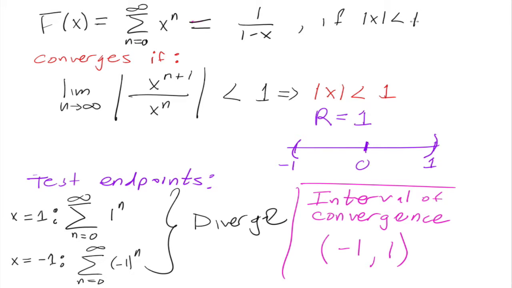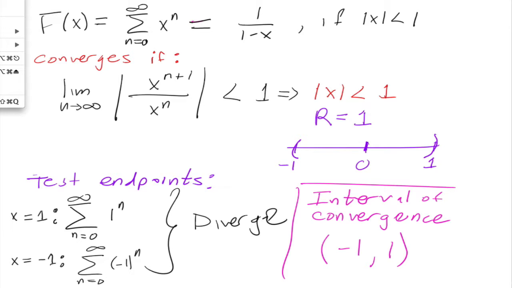Where does that come from? Yeah, this is the geometric series that we derived earlier. So this infinite series is actually nothing more than 1 over 1 minus x, as long as x is between negative 1 and 1. If it goes outside of that, then it diverges and it's just a mess.